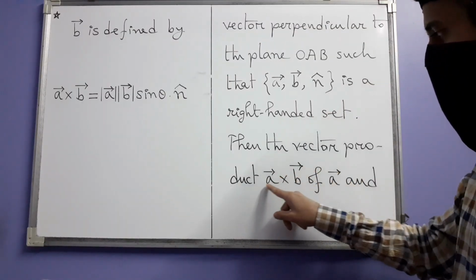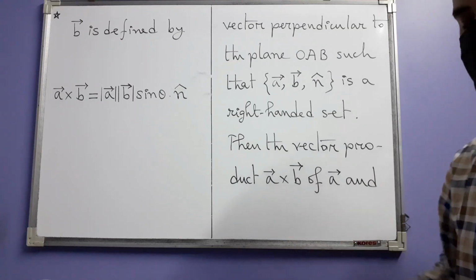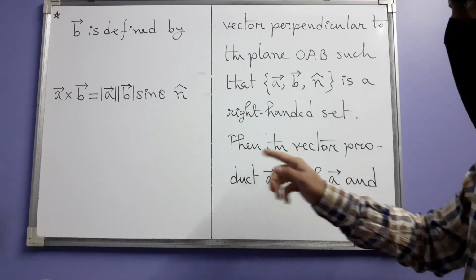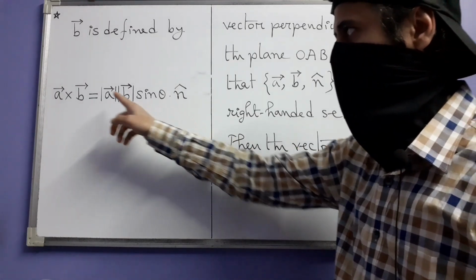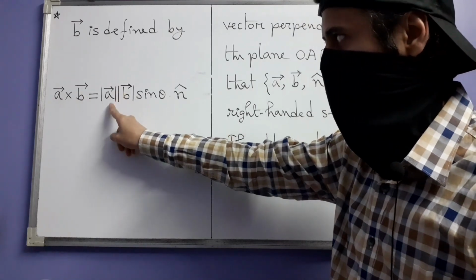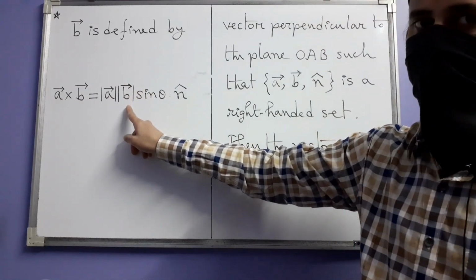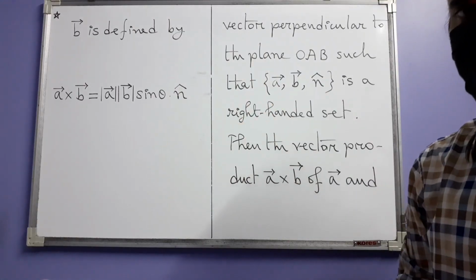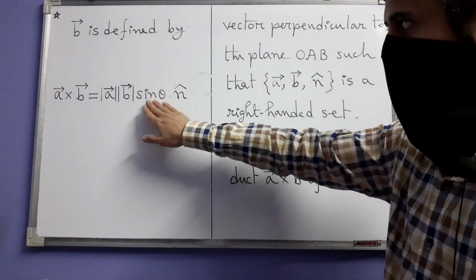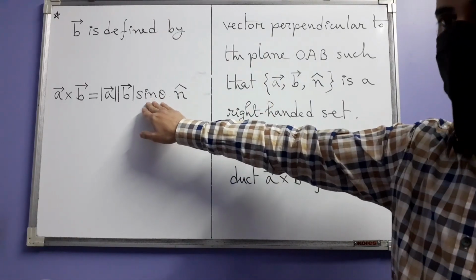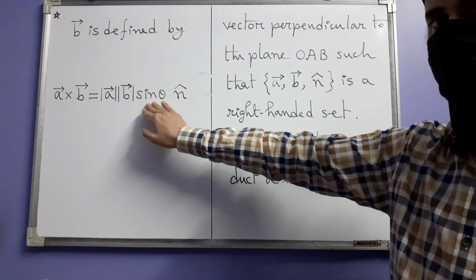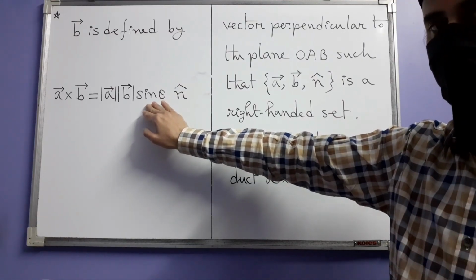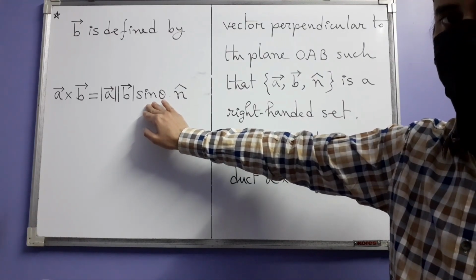Then the vector product A times B, in this case also, of A and B is defined by this equation: A times B equals the magnitude of A times the magnitude of B times sine theta times that unit vector n hat. So note one thing, that here you are having sine theta, whereas in the definition of scalar product of two non-zero vectors you have cos theta.